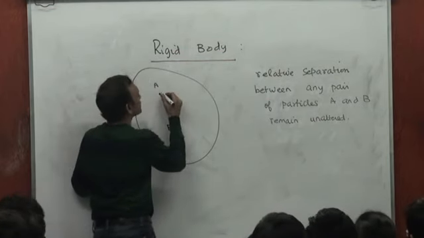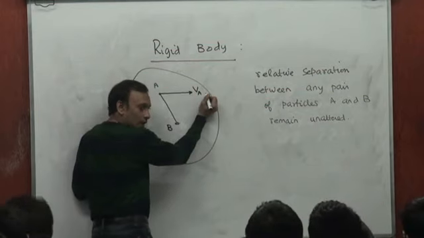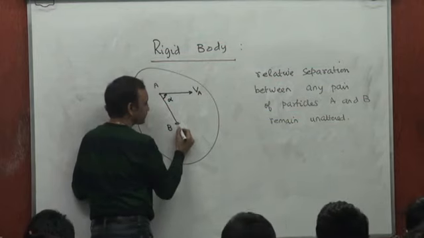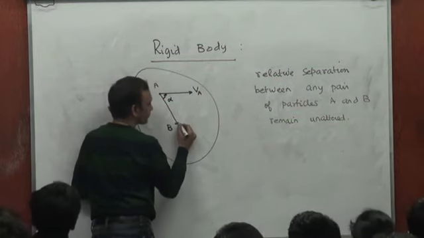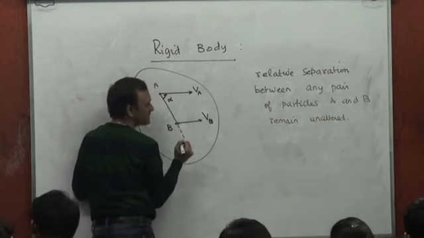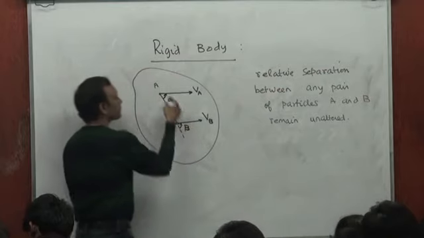Say at a given instant the velocity of A is VA, making an angle alpha with the line joining the two, and the velocity of B is VB, magnitude VB, making an angle beta with AB.